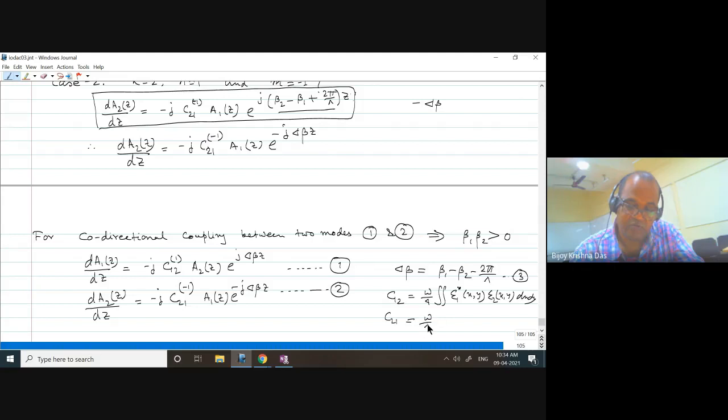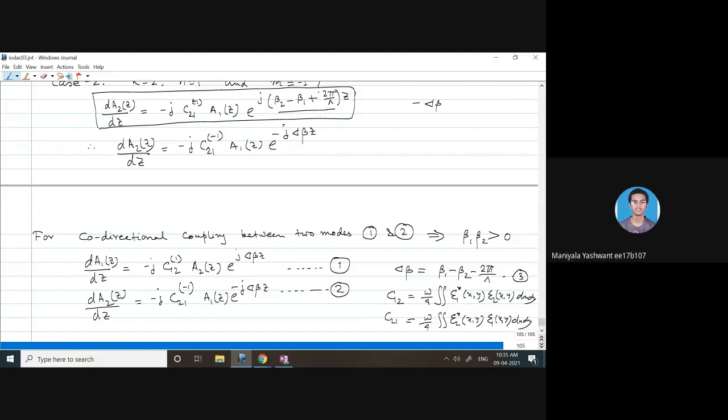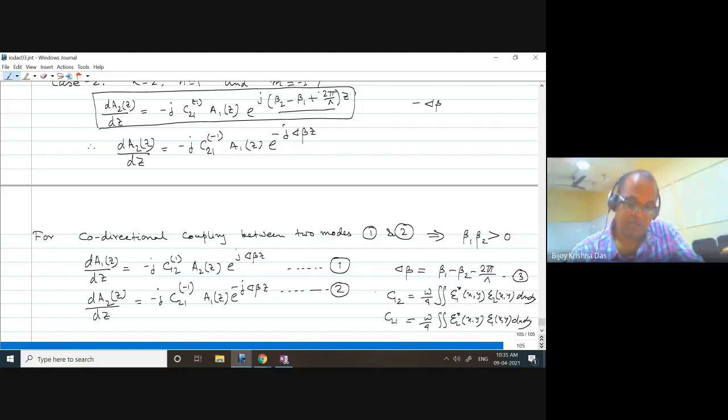So omega by 4 will be writing E2 star xy E1 xy dx dy. So these are the other equations. And normally, if you notice these two equations, basically C12 equal to C21 star.